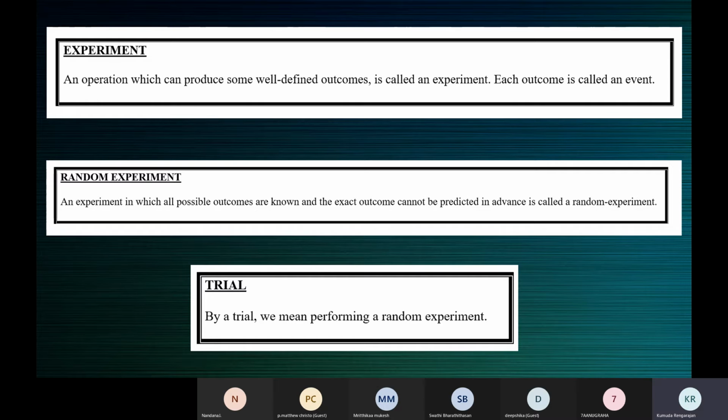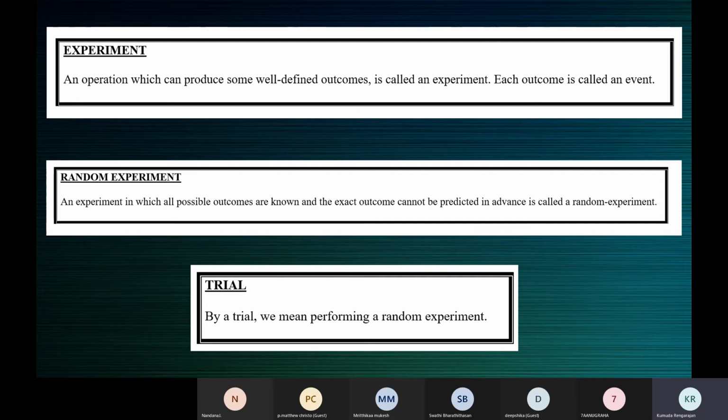So the outcomes are well defined because you can get a number from 1 to 6. That is an experiment. The act of rolling a die is called an experiment in probability.